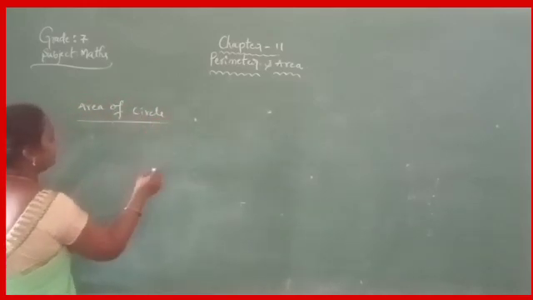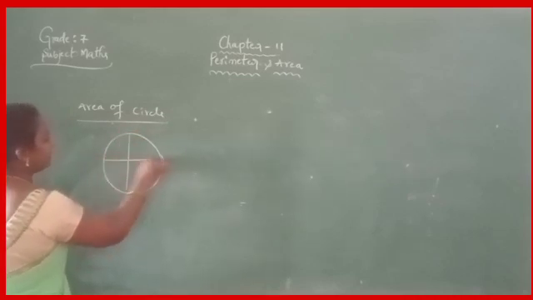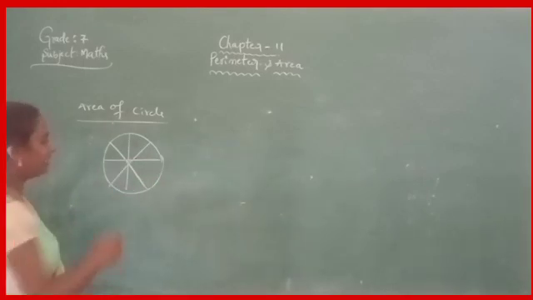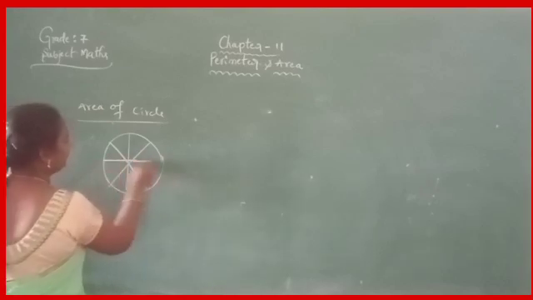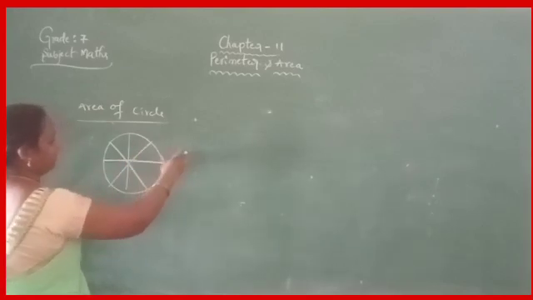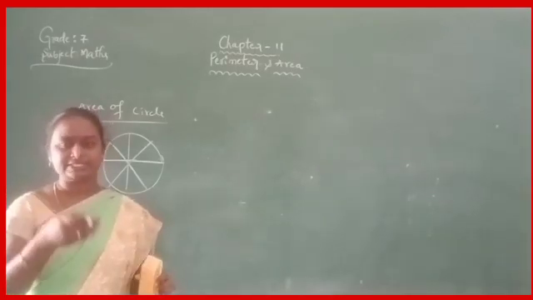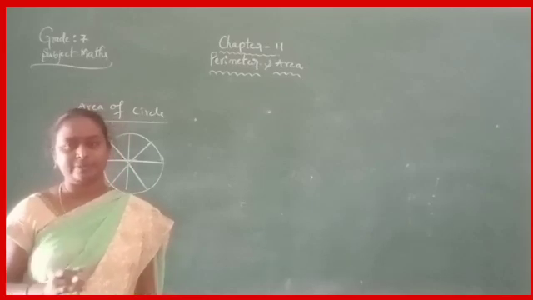If you take one circle and divide it into 8 equal parts, draw one circle and cut it into 8 equal parts.